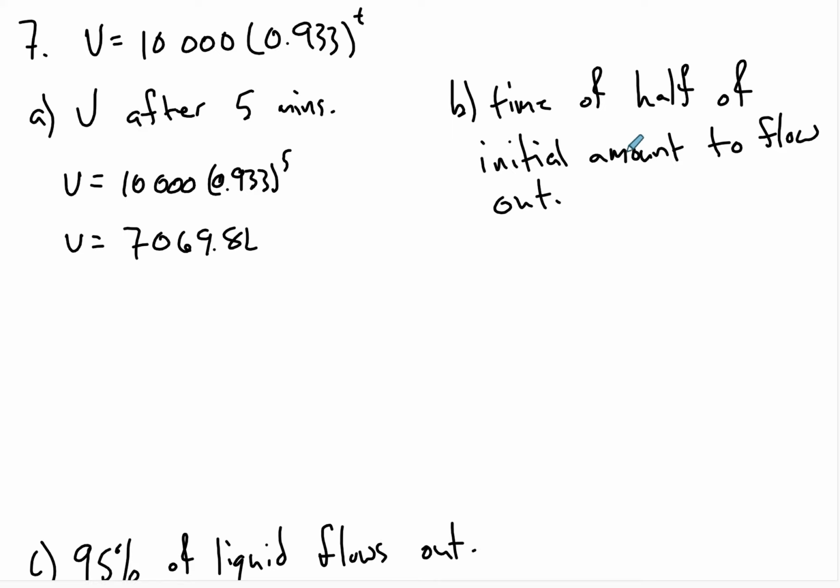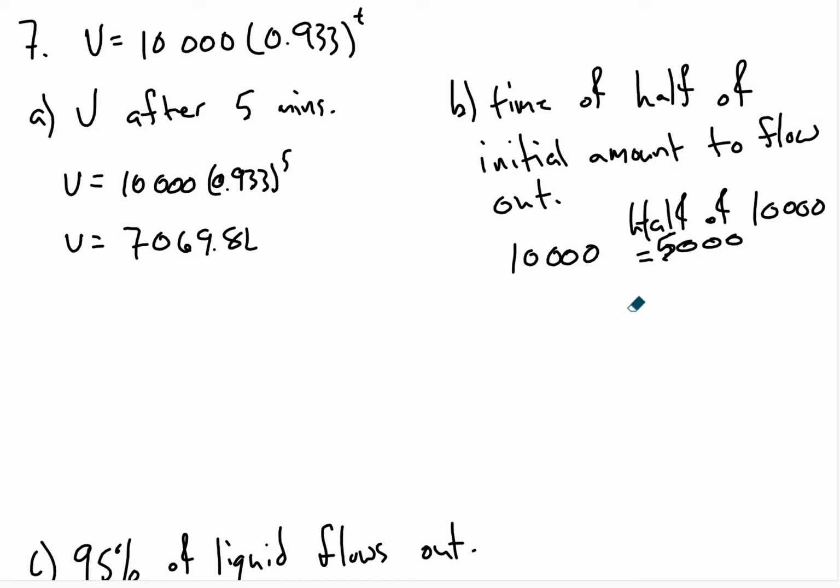B is all about the time for half of the initial amount to flow out. So remember that we had 10,000 to begin, and half of the initial amount will be equal to 5,000. Half of 10,000 is equal to 5,000.